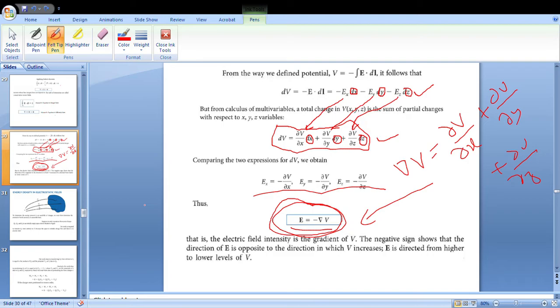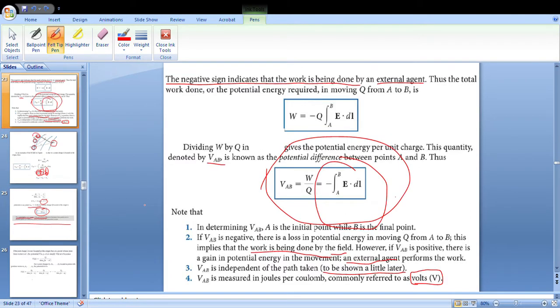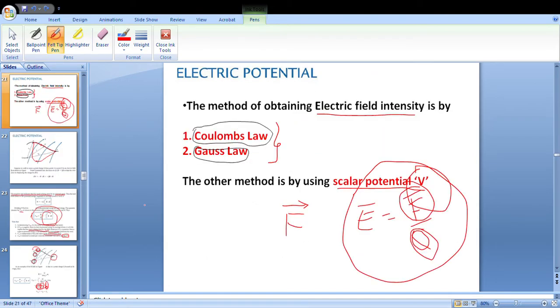Now we'll just recap what all we have discussed. We started with electric potential and we came to know that electric field intensity can be calculated, whichever methods we know as of now are Coulomb's law and Gauss law. So electric field intensity can be calculated also using the scalar potential V, right?